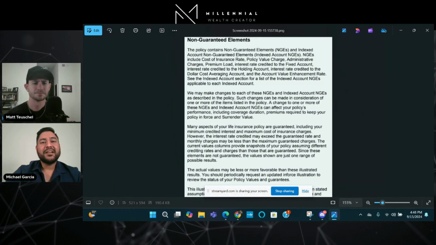NGEs include cost of insurance rate, policy value charge, administrative charge, premium load, interest rate credit to the fixed account, interest rate credit to the holding account, interest rate credit to the dollar cost averaging account, and the account value enhancement rider. See the index account section for the list of the index account NGEs applicable to each index account.